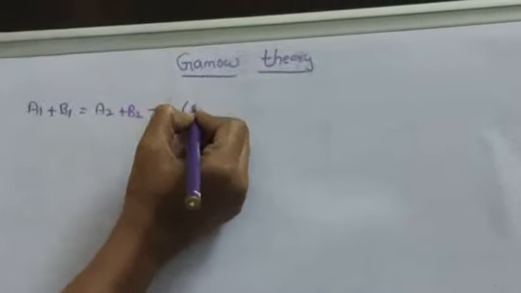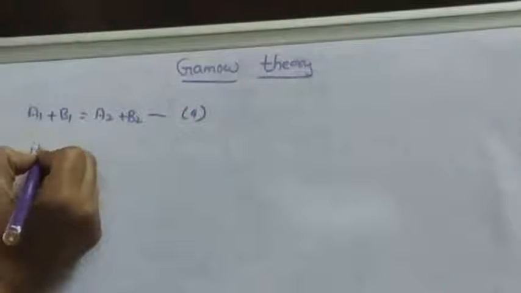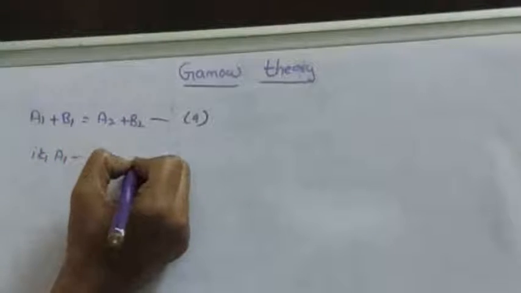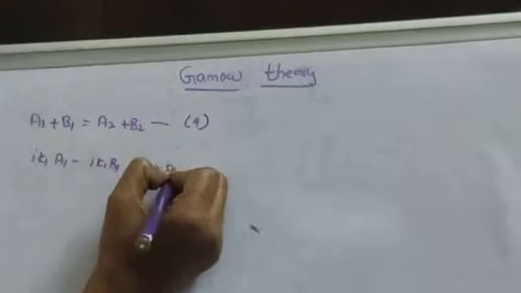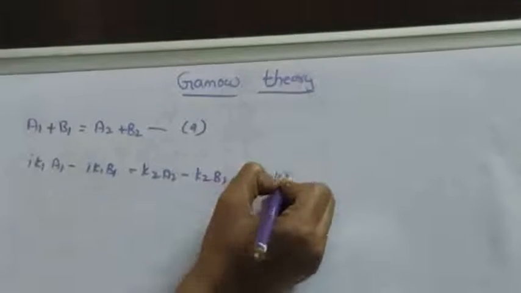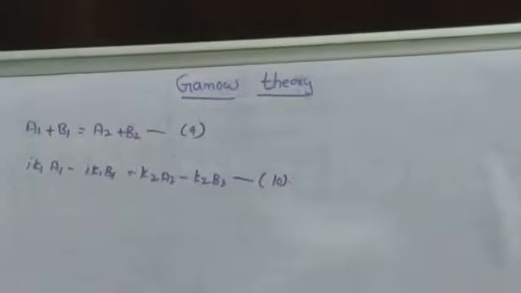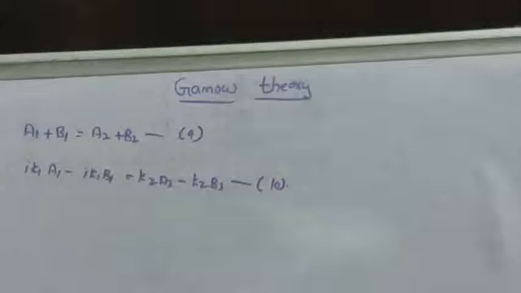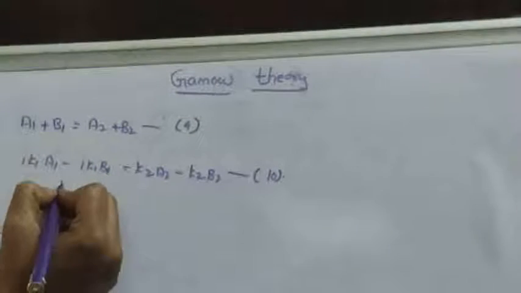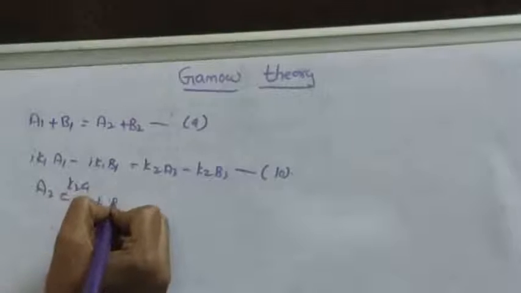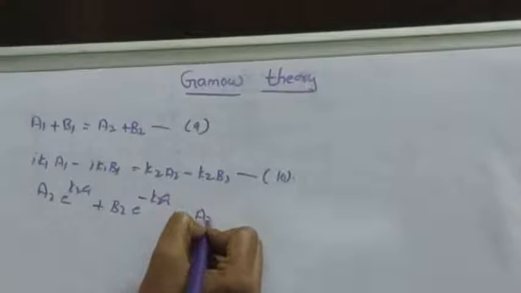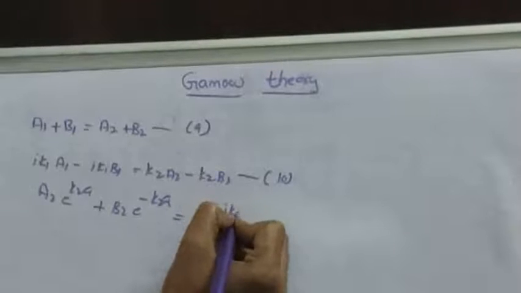Consider this as equation number 9, and ik1A1 − ik1B1 = k2A2 − k2B2. Consider this as equation number 10. Applying the same condition, we get A2 e^(k2a) + B2 e^(−k2a) = A3 e^(ik1a).